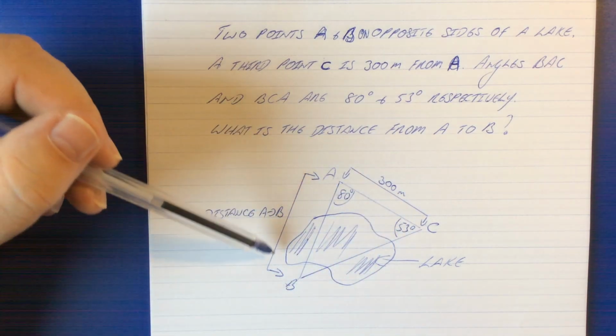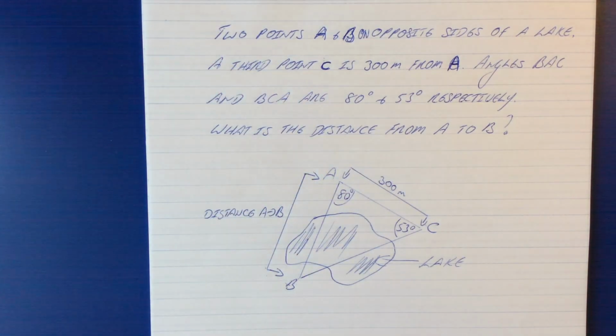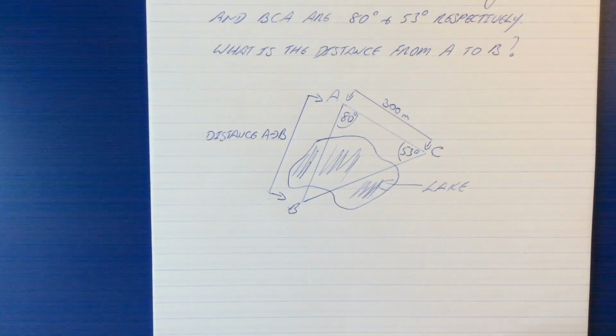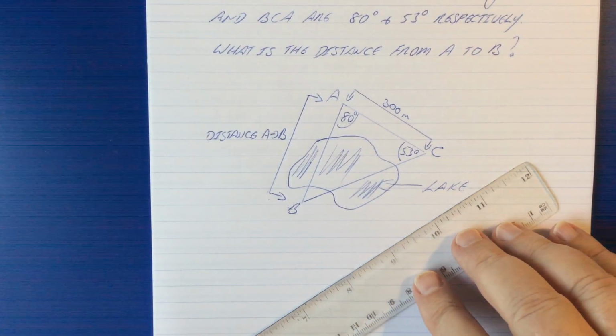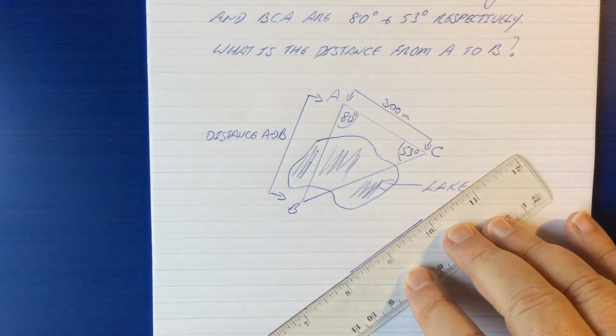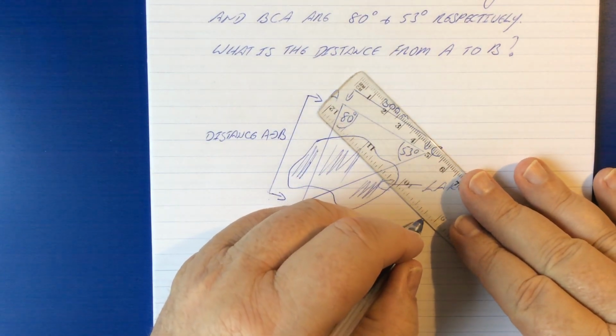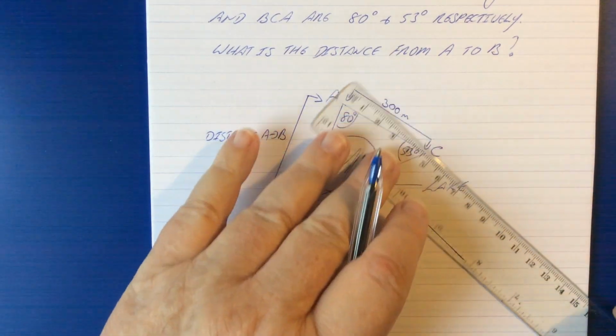What we're being asked to find is the distance from A to B. So let's tidy this up. Let's get out the ruler and draw this in a way in which it's easier to think about. Now this is not to scale or anything like that.